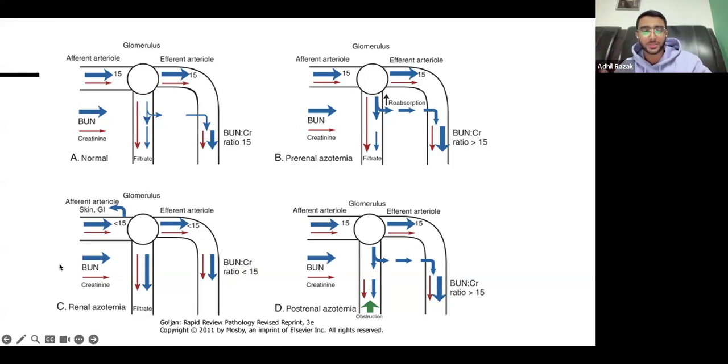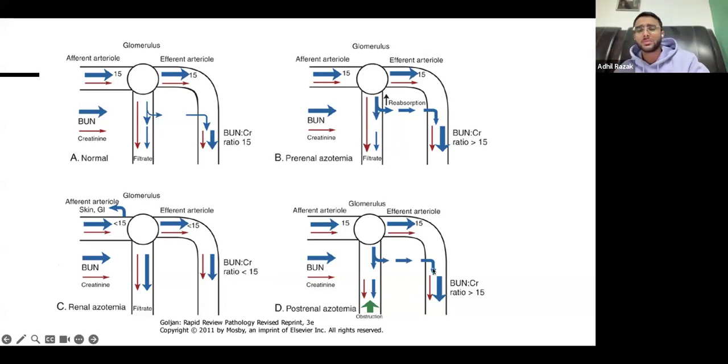So the reabsorption itself is messed up, and there is increased urea being excreted. So the ratio between BUN and creatinine becomes less than 15. More blood urea nitrogen is being lost through the filtrate.